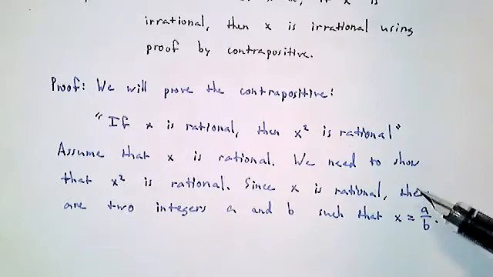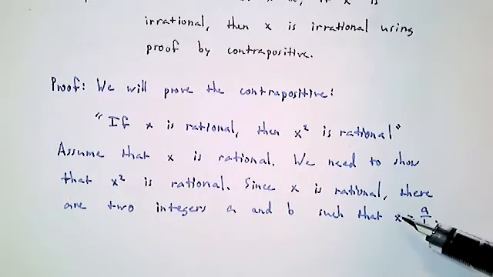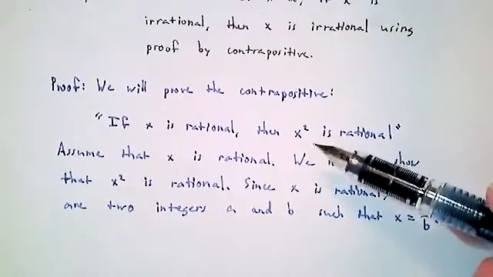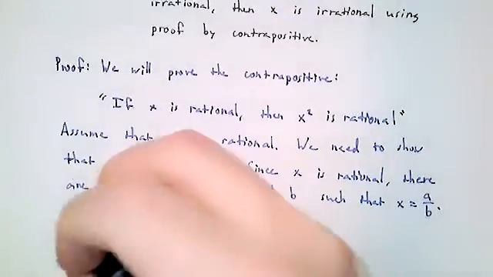Okay, so since we have x itself, we can simply multiply it by itself to get x squared. So let's do that.